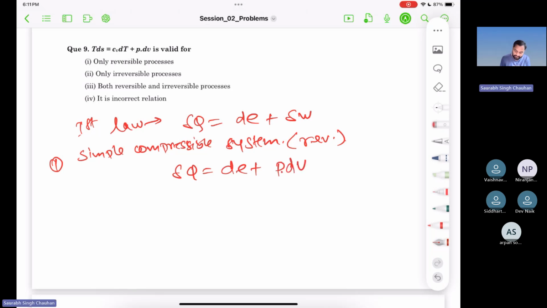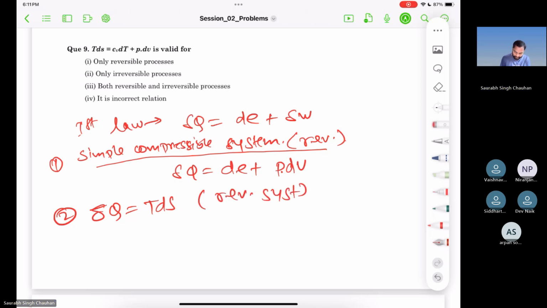So this PdV is applicable only for simple compressible reversible systems. And dQ is equal to TdS for reversible systems. So for reversible systems, you can write TdS is equal to dE plus PdV.